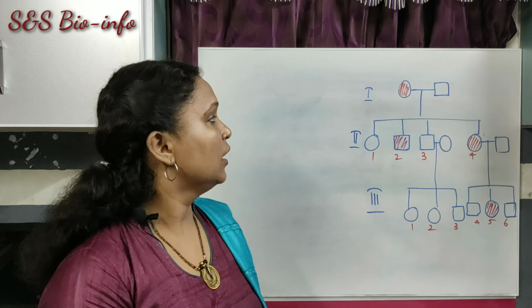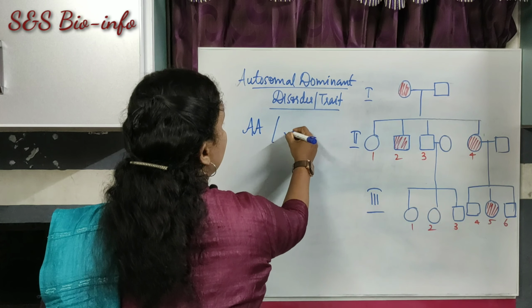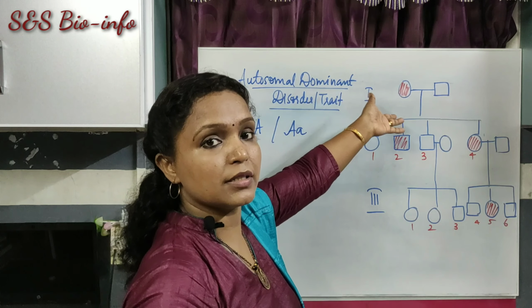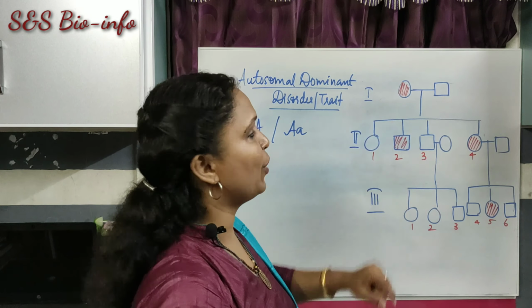Then how can we write the genotype of these traits? As it is dominant, the dominant condition could be homozygous or heterozygous. Either of these conditions can be present in the parental genotype. So let us find out the genotype of the parents and the children.